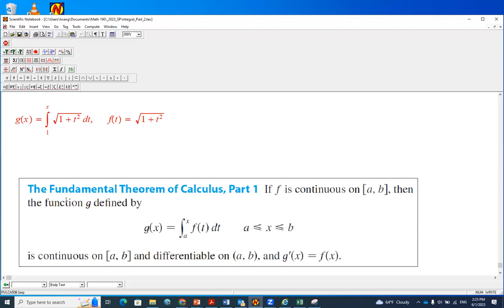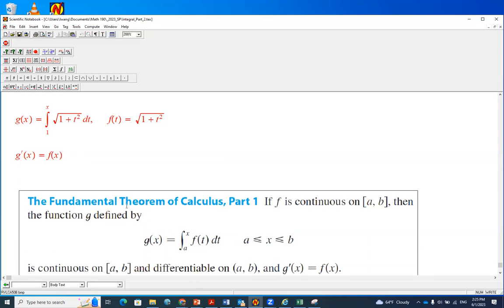According to the fundamental theorem of calculus part 1, when we construct a function like this, the derivative of g of x is going to be f of x. It's guaranteed.